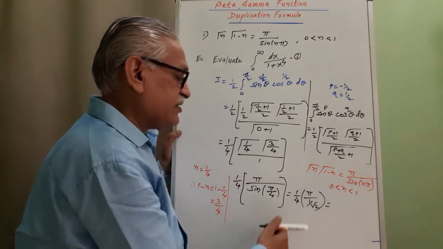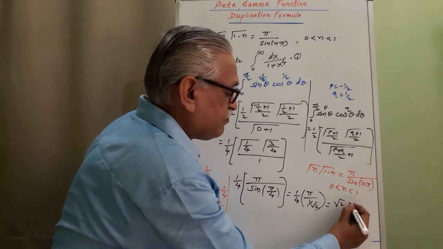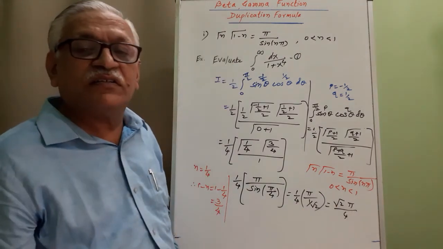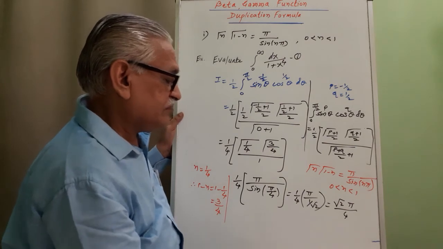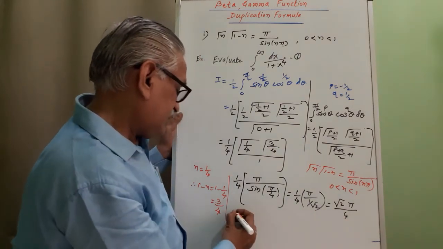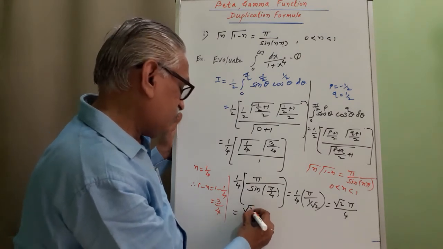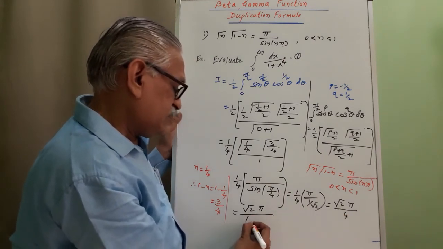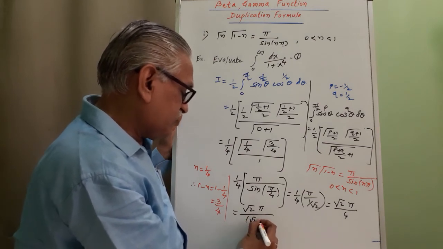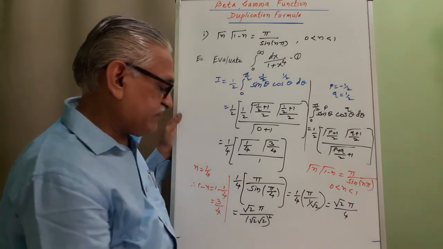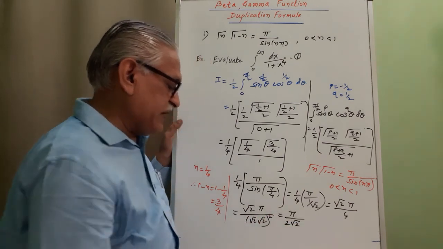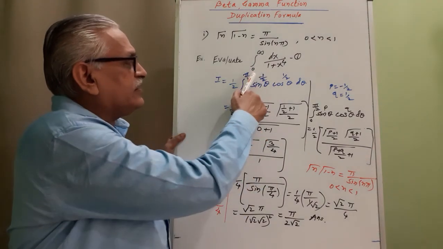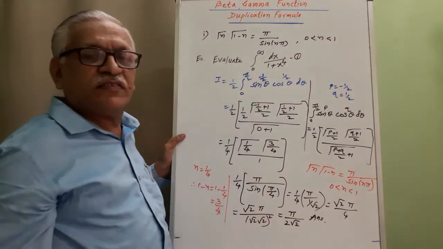Transferring this to the numerator, it becomes root 2 pi divided by 4, and 4 is nothing but 2 square, which is root 2 into root 2 squared. So 2 root 2 remains, and therefore root 2 pi divided by 2 root 2 is the value of that definite integral from 0 to infinity dx divided by 1 plus x raised to 4.